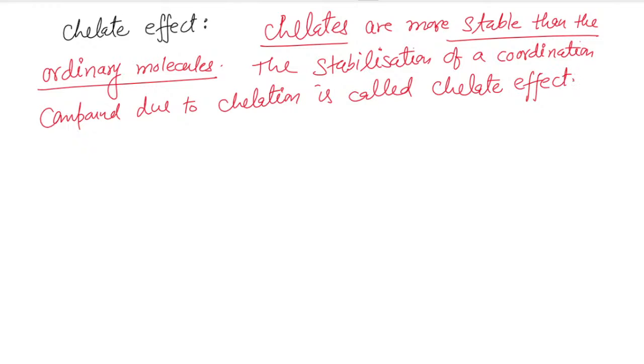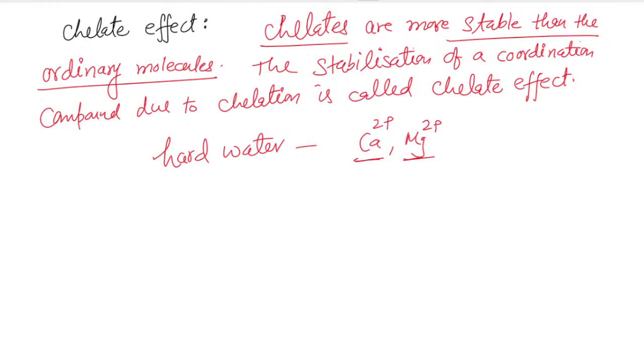Okay, and these are quite useful in industry as well as in the lab. Like they are employed in the softening of hard water. In hard water there are calcium and magnesium salts. So EDTA is used to remove calcium and magnesium because it forms complexes with them, and that's why it is used for the softening of hard water.